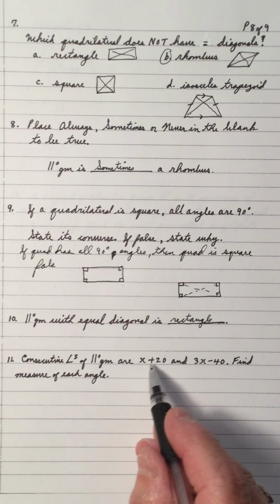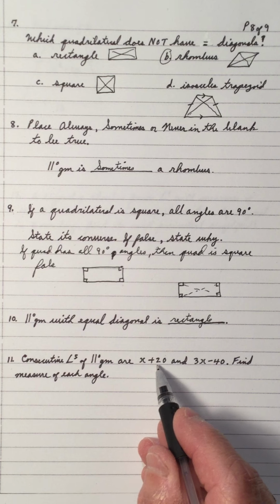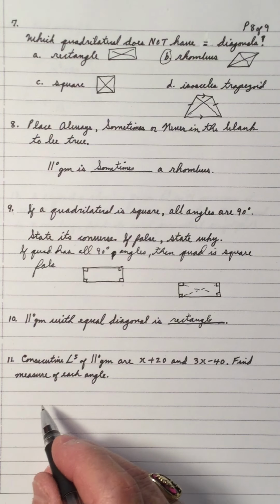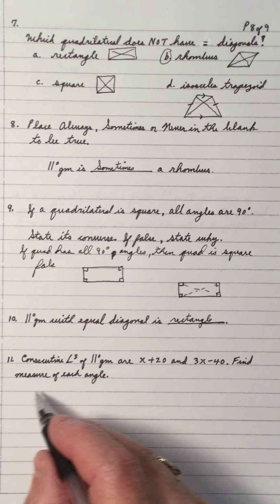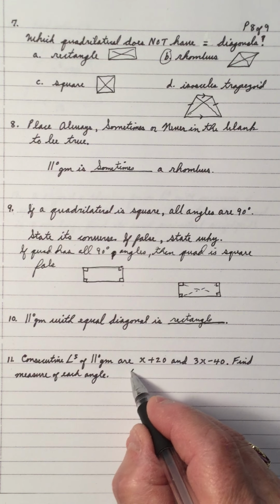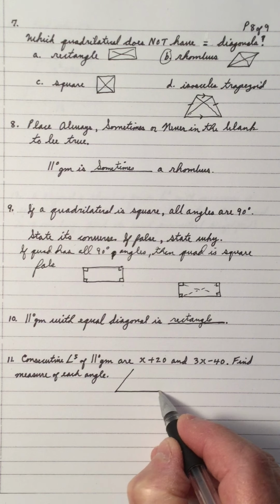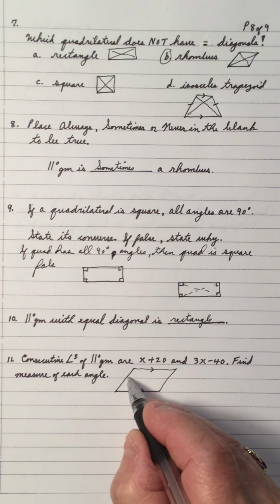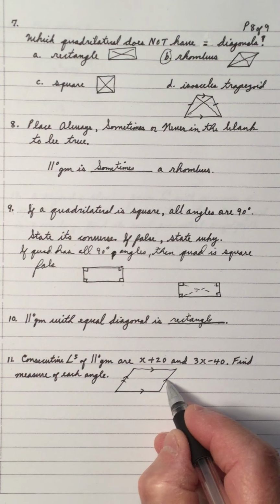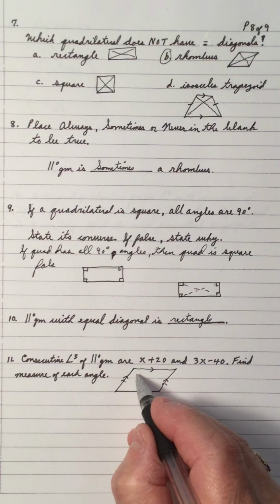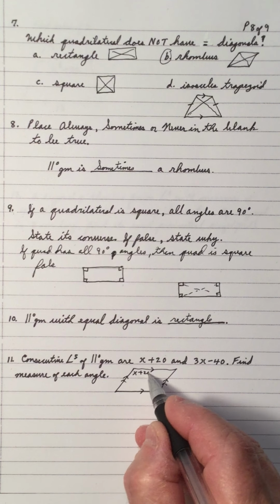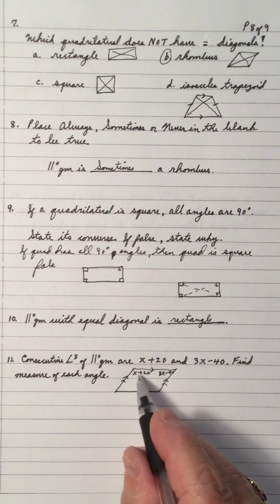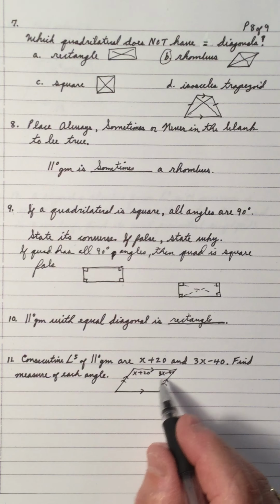Consecutive angles of a parallelogram are x plus 20 and 3x minus 40. Find the measure of each angle. So if we have a parallelogram, which is like this, and we have opposite sides parallel, consecutive angles are x plus 20 and 3x minus 40. Opposite angles are equal. Consecutive angles are supplementary.